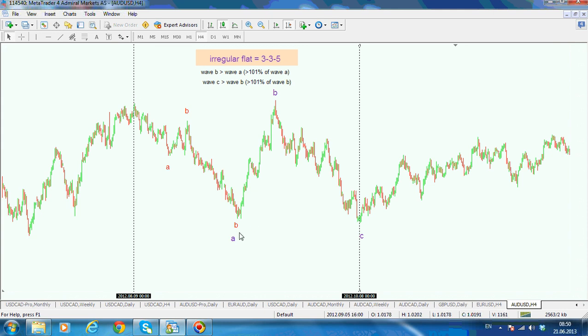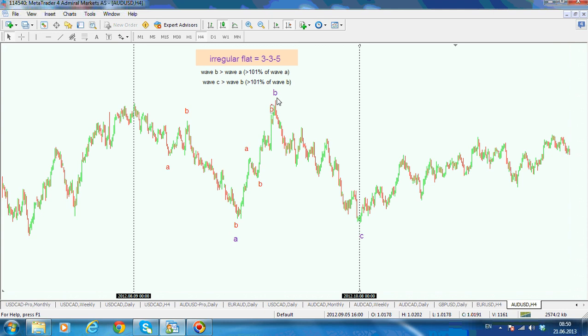So A, B, C for wave A, and then we're looking for the B wave, and the B wave also comes in the form, from my opinion, of another nice zigzag A, B, C.